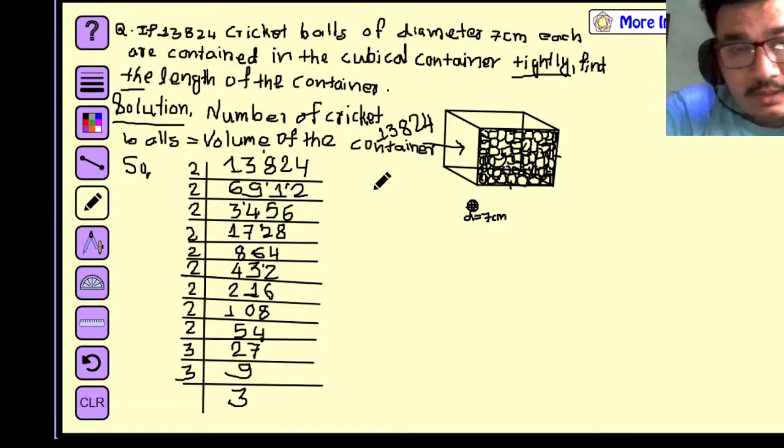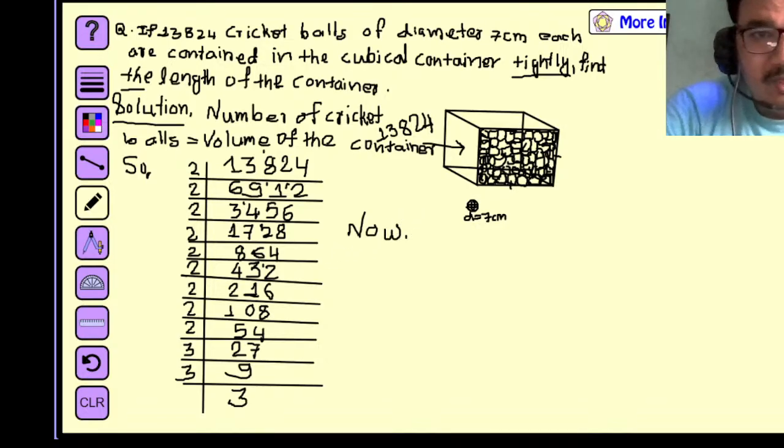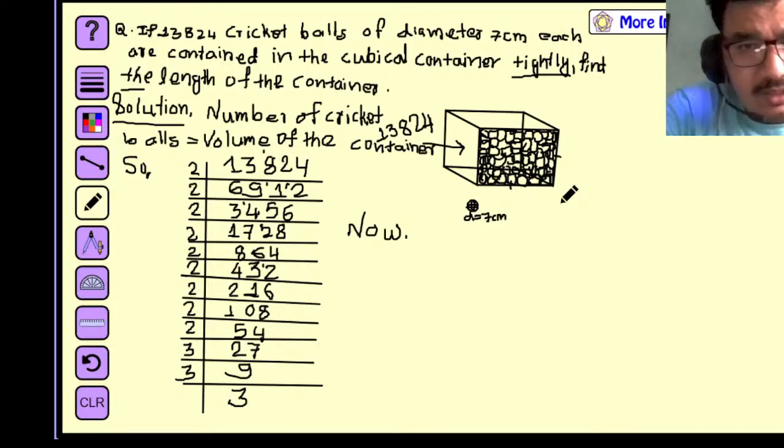Okay, and now look here, for the solution what you have to do, right here. As I have told here, number of cricket balls equals the volume of the container, right?